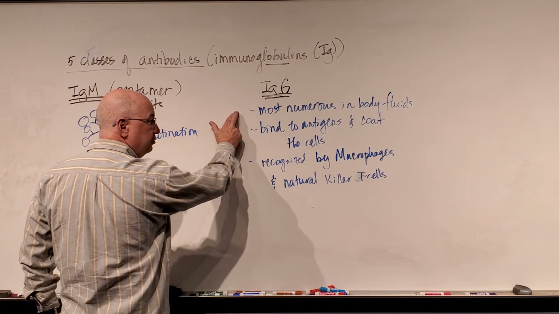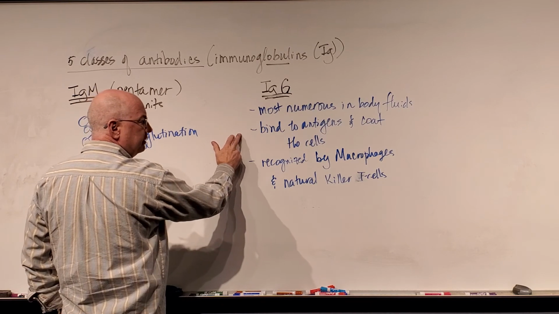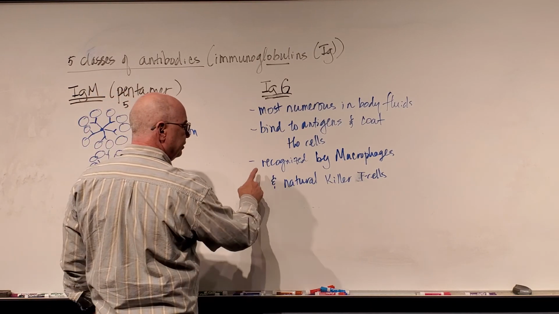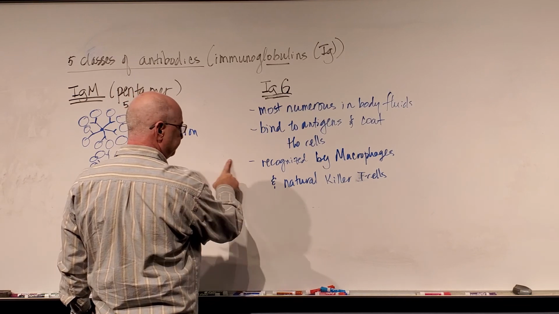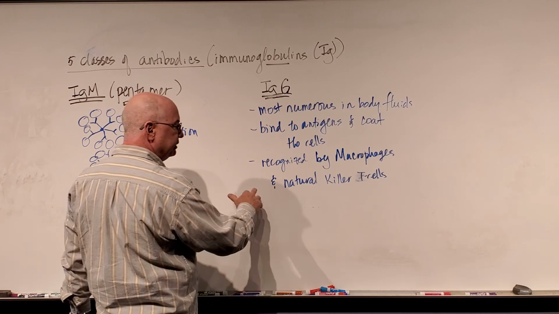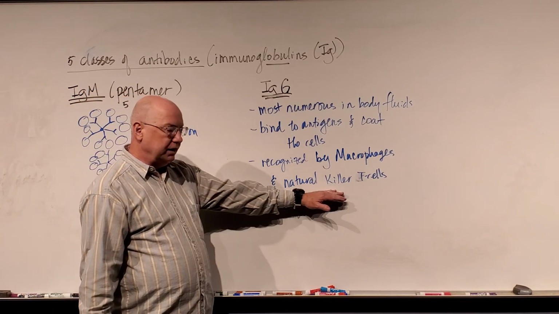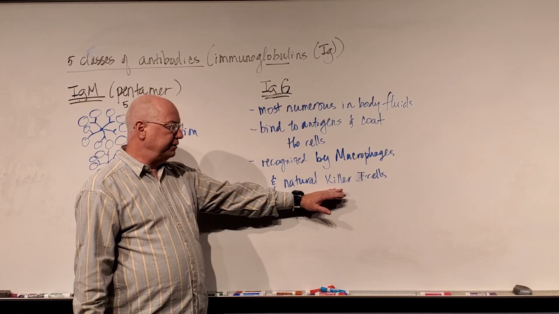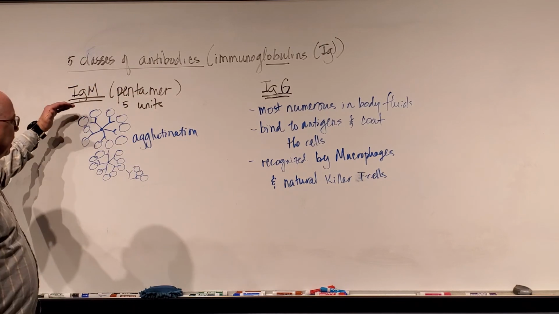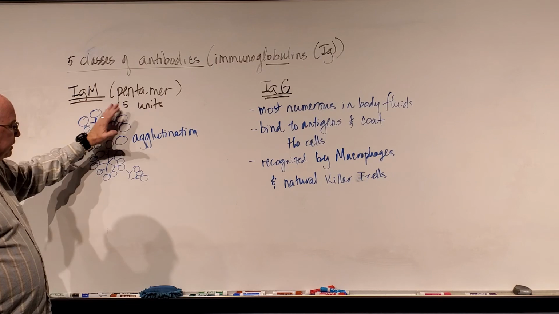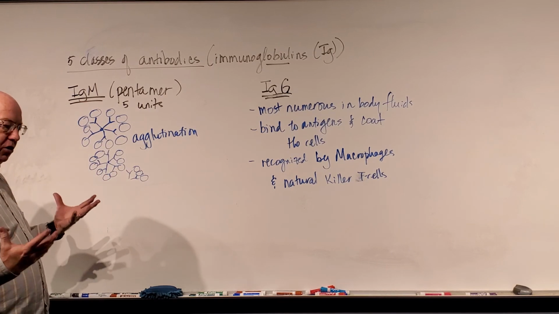IgG is the most numerous in our body fluids. It can bind to antigens and coat the cells, alerting other white blood cells to come here and erase these guys, and they stimulate phagocytosis, or the elimination or killing of the foreign invader by natural killer cells.